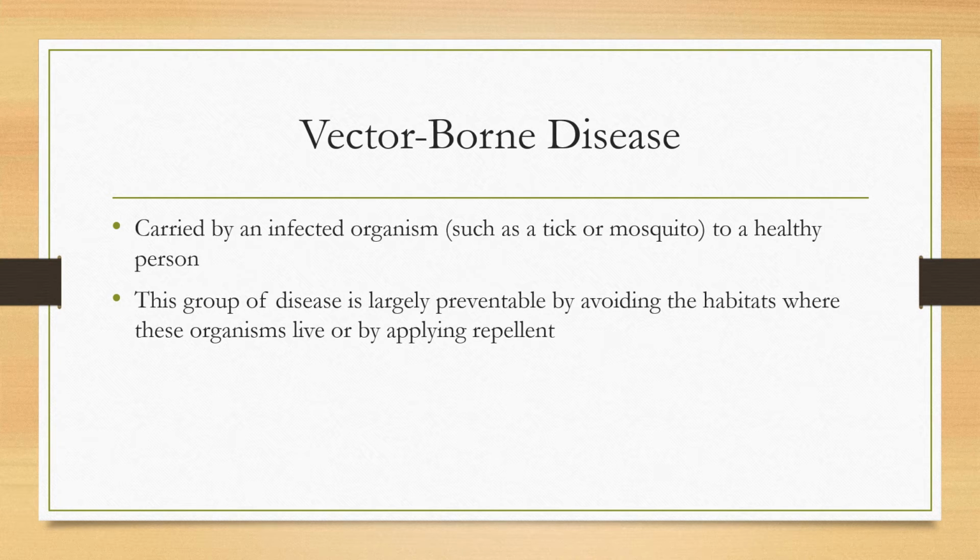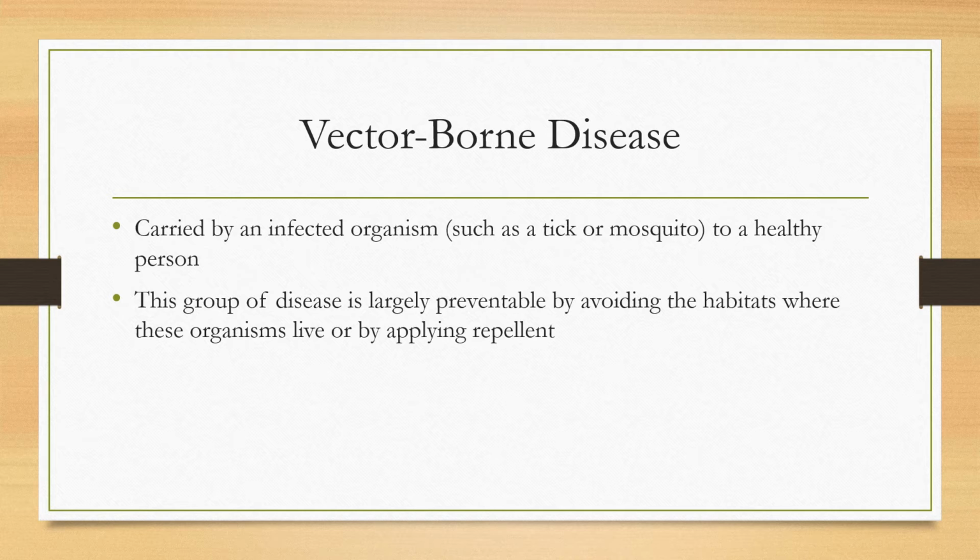And then thinking about vector-borne disease, so that's essentially meaning that it's in a host organism, and then that host organism spreads it to a healthy person, okay? So oftentimes this is avoidable by avoiding the places where these things live.